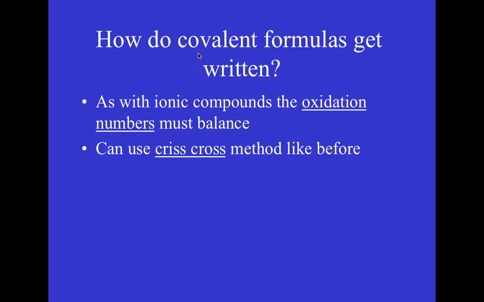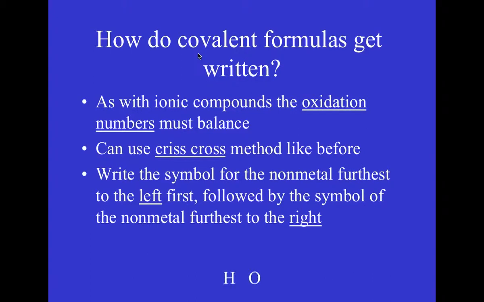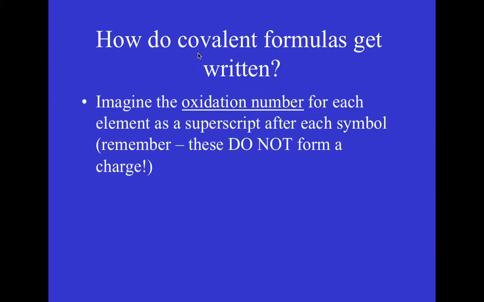Now, in terms of what element gets written first, it's going to be the one that has the positive oxidation number, so it's the one to the left followed by the one to the right. So in this case, we are doing a compound with hydrogen and oxygen, so we write hydrogen first and oxygen second. Then we need to write the oxidation number for each element as their superscript.